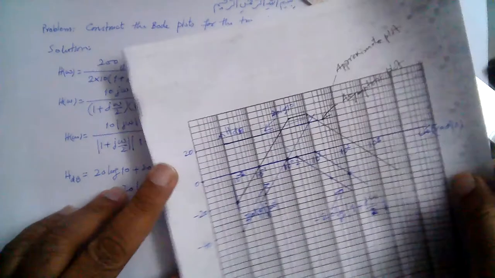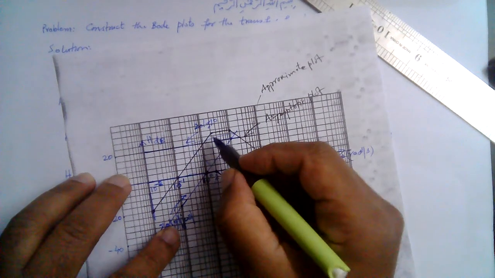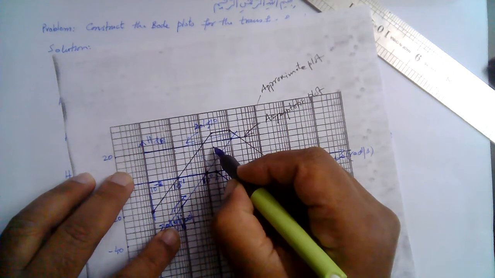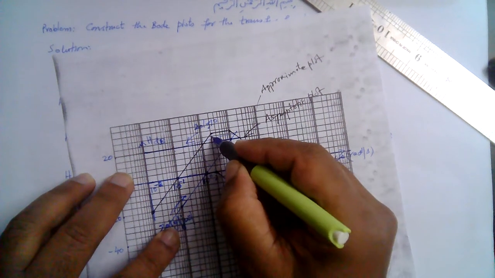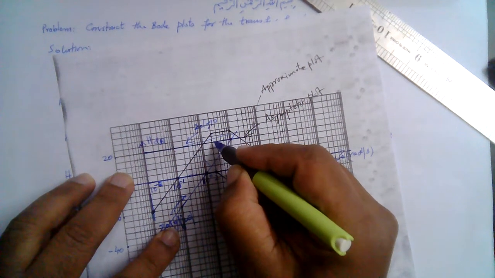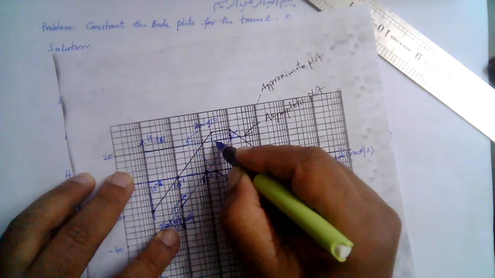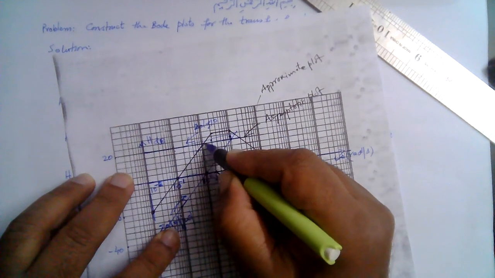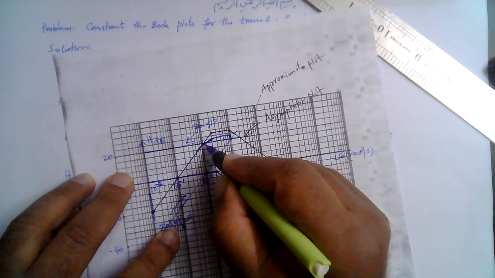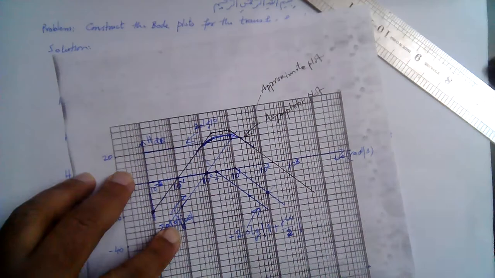So what we can do is use this approximation. For example, if this small block is 4 dB, the actual value will be 3 dB less. So it will be something like here, right? And similarly for this, it will be something like here, right? So we can use an approximation like this to construct this plot.